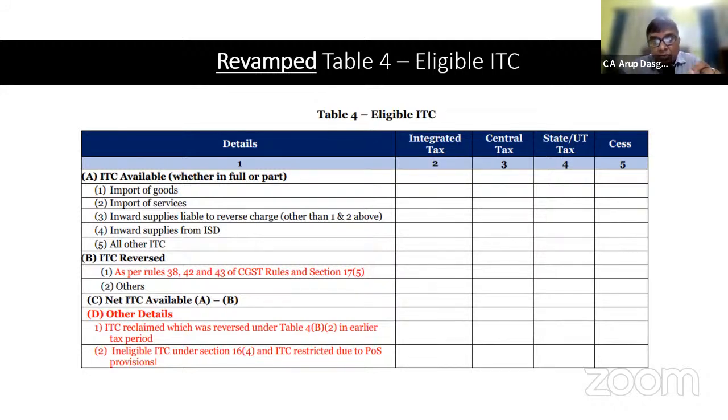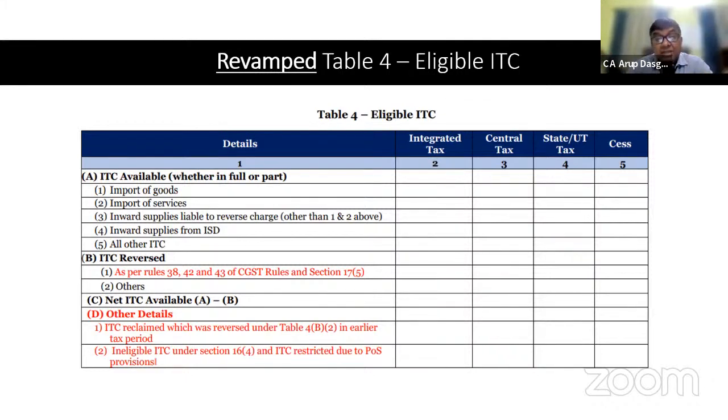Till now, the West Bengal government had to wait till September of the next year. So for 21-22, suppose for an ineligible credit of April 21, the central government would have to wait till September 2022 returns 3B.